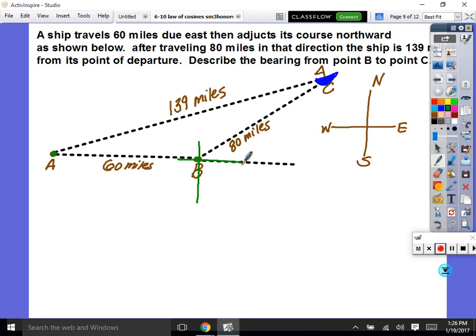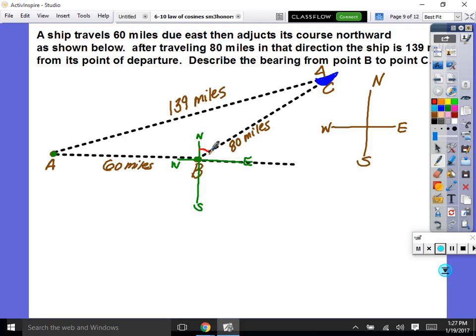Okay, looking at that, everybody. Do you see how this is north, south, east, west? So what it wants is the bearing, and bearing always goes from the north off somewhere, either east or west. Does everybody see? So what this is really looking for, guys, is in particular this degree. Does everybody understand why?